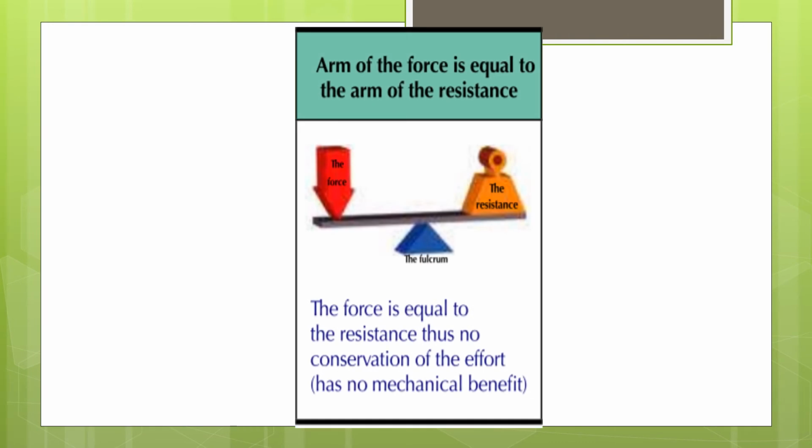When I ask you what's meant by first class lever, it is levers which have the fulcrum lying between the effort force and the resistance force. So the first possibility here in first class levers: the arm of the force is equal to the arm of the resistance. Like here in the picture, look at the effort force arm and the resistance force arm, they are equal.